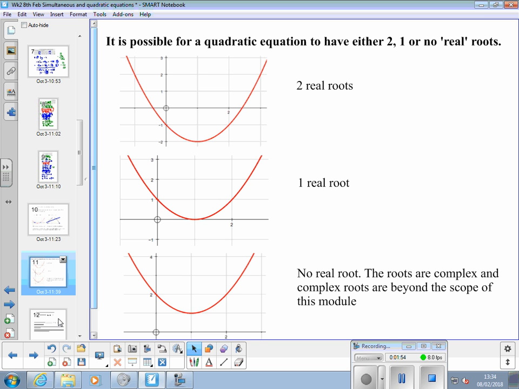When we look for roots, we should have in mind that it's possible for a quadratic to have two real roots, 1, 2. It's possible for it to have one root, where the parabola sits on top of the x-axis, or indeed it could be underneath the x-axis and touching.